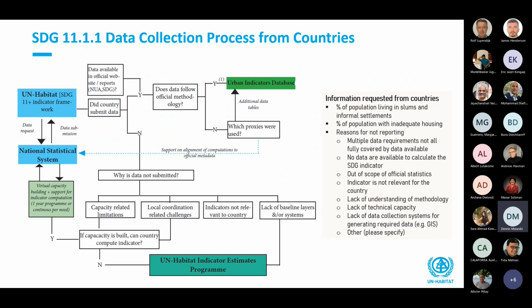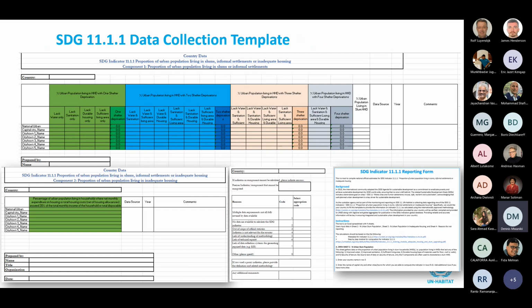And this usually feeds into the urban indicators database that is openly available and accessible to everyone. And this data again goes back to the countries for them to validate and see whether it represents the actual situation on the ground. Here, just to show the template that we send to countries to submit data for this indicator.